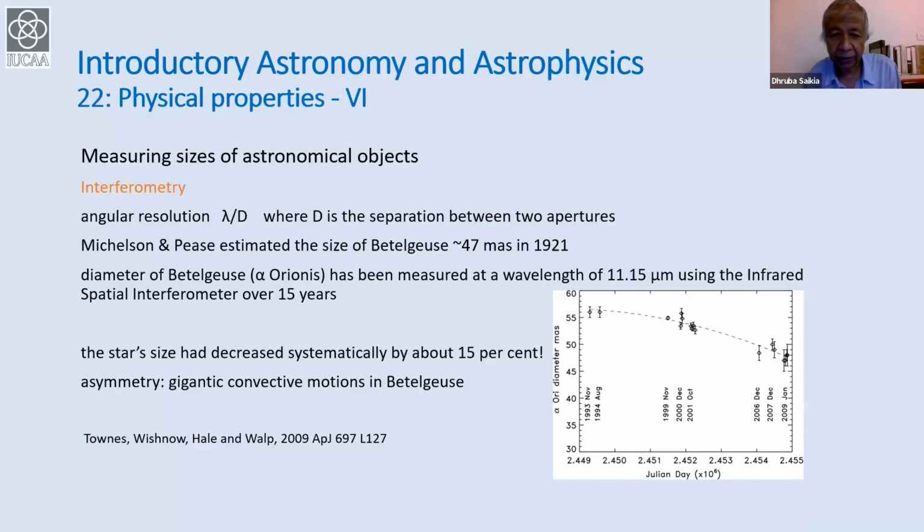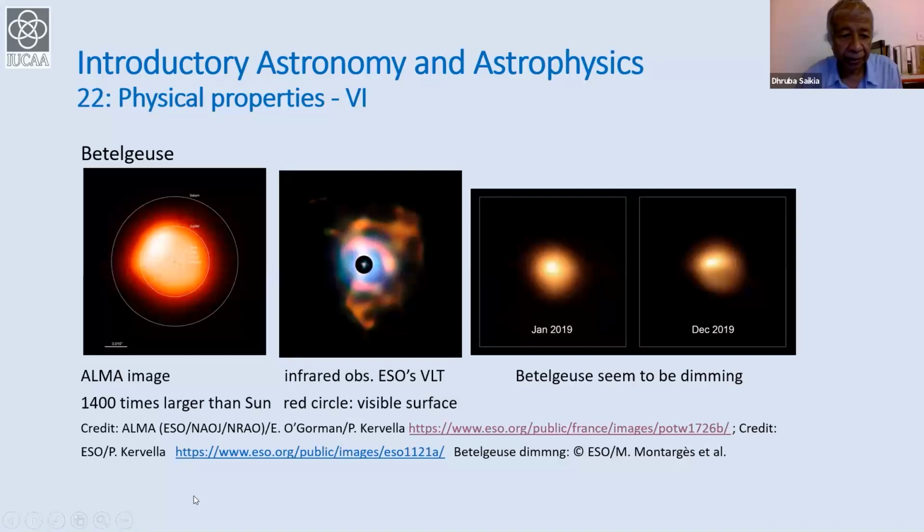And shrinking on such a small time scale is something I'm not sure is completely well understood, but these are the kinds of observations which open up new frontiers of trying to understand even nearby stars, relatively nearby stars or large stars. Okay, and so resolution is extremely important, not only for measuring the sizes, but also for looking at finer scale structures in stars, as well as other objects.